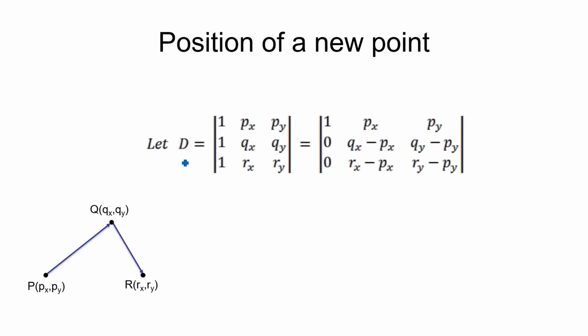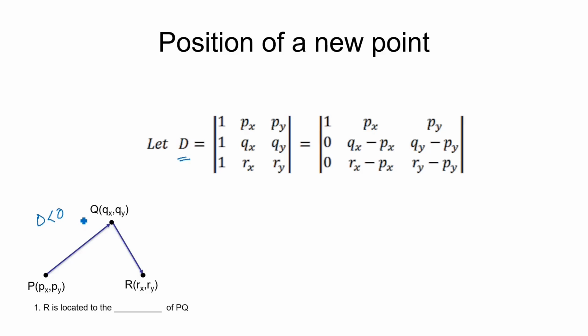So to find the position of R, or to find the side of R with respect to the straight line PQ, we can use the determinant. So if the determinant is less than 0, then PQR forms a right turn.